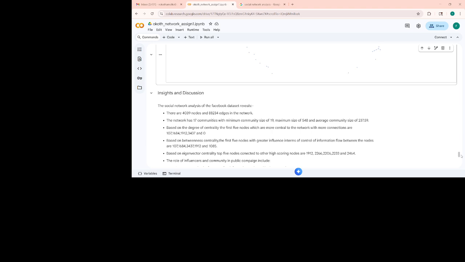Then based on eigenvector centrality, that is nodes that are connected to other high scoring nodes, they are 9, 12, 22, 66, and 2206 in that order.